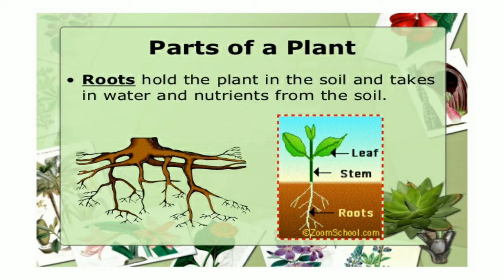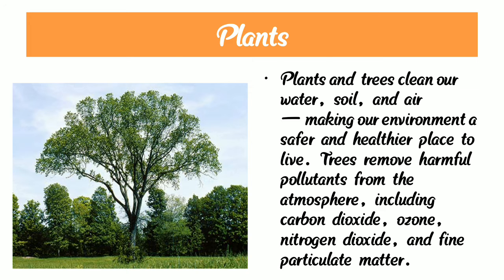Then the parts of the plants. Here we also find that roots hold plants in the soil and take water and nutrients from the soil. Then plants. Plants help to keep the air and our environment clean.